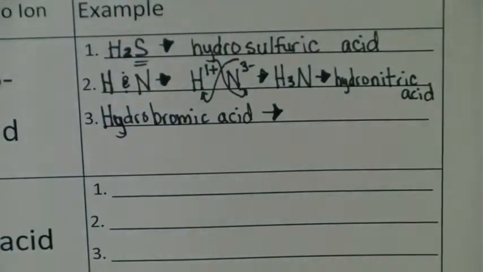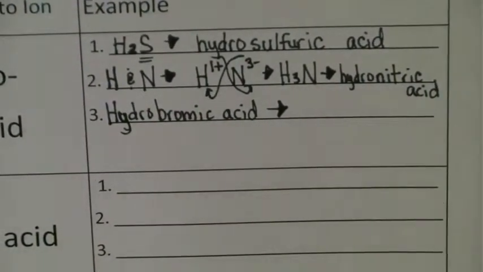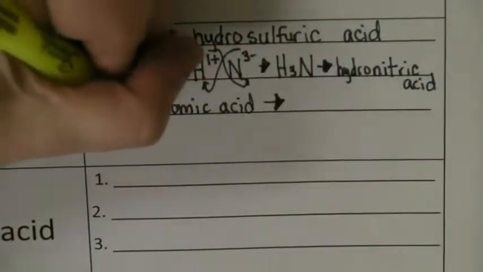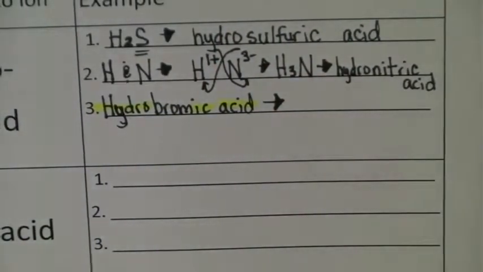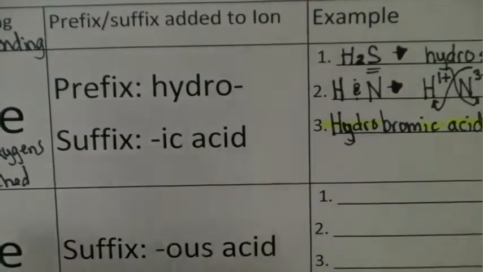And this is the part that gets a lot of people. You immediately have to notice the hydro and the ic acid. The second that you see hydro and ic acid together, you know that your anion ends in IDE.